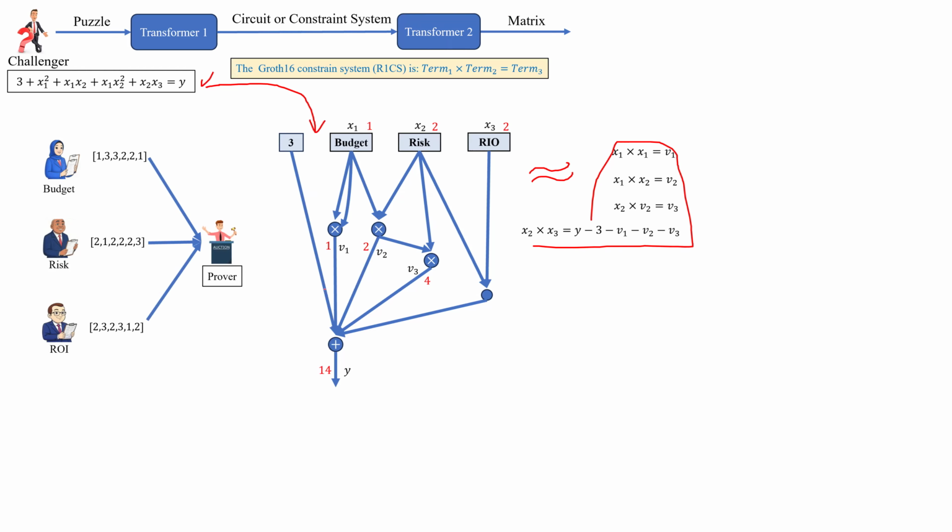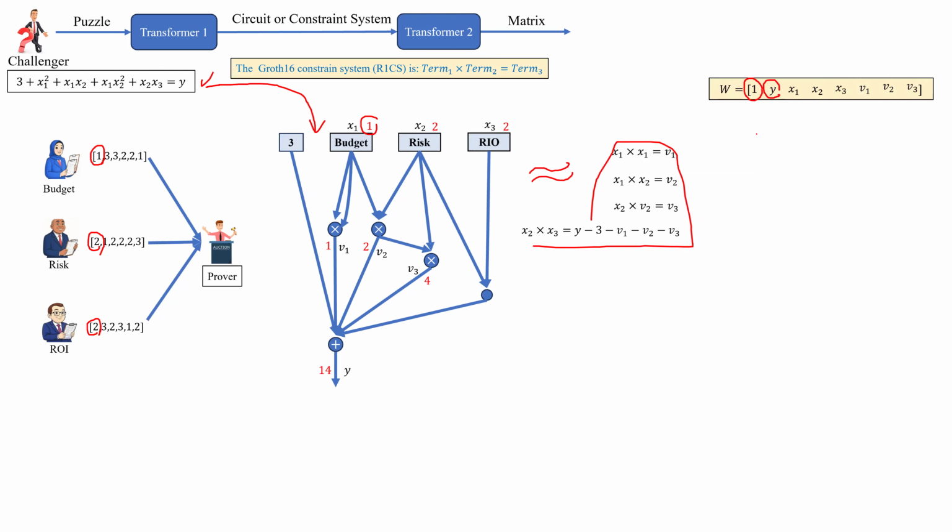When the prover enters the first values for the first company, you remember that the first values 1, 2, and 2 are assigned by the referees for the first company. So the prover puts the first values as the input of the circuit and then computes the output. And now the prover needs to generate a witness vector, which is shown by W. So this is the general formula of the witness vector. The first term is always Y.